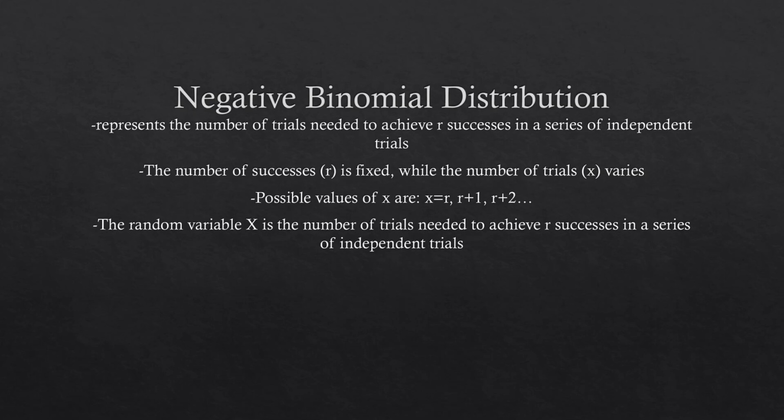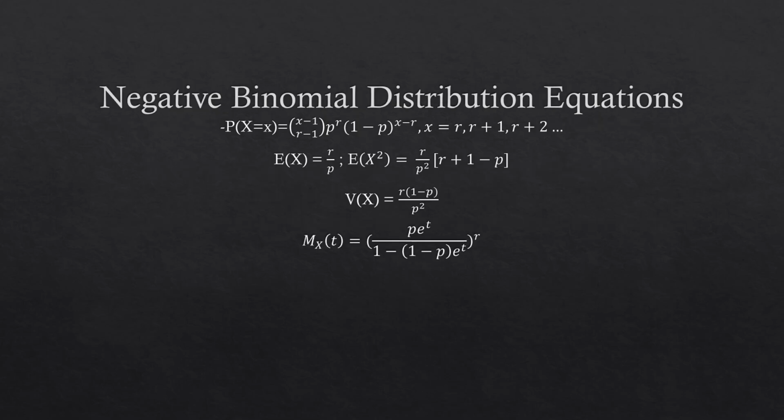But with the negative binomial distribution, it could ask us to find when our fifth success is, say, if we want our fifth success on our 9th trial, where there's more than one success occurring. The formula for this would be x minus 1 choose r minus 1, multiplied by the probability to the power of r, and then 1 minus p to the x minus r. And our expectation is there, along with our second moment, our variance, and our moment generating function.